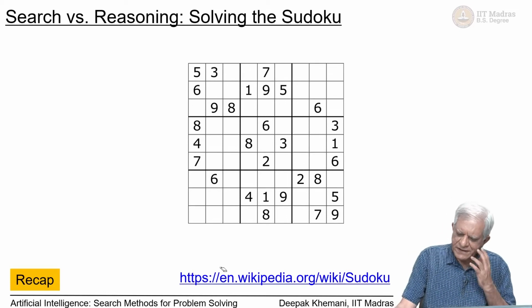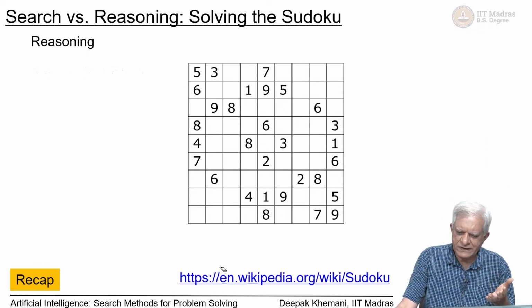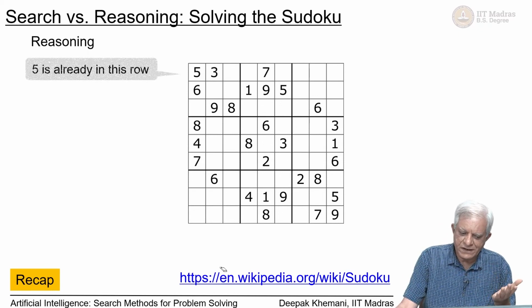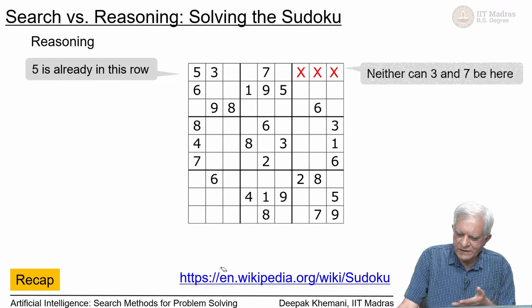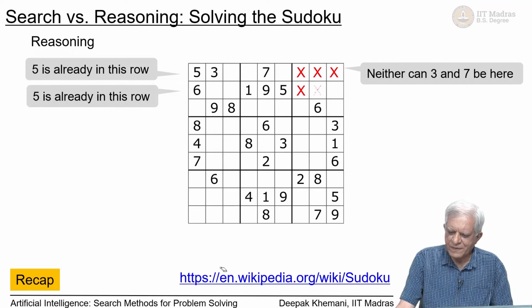So, this is just a recap of what we had discussed in the beginning sometime, that the problem of Sudoku allows you to do reasoning as well as search. So, what is the kind of reasoning you can do? You can say that 5 is already in row 1, so it cannot be anywhere else in row 1 essentially. So, you could have actually put crosses elsewhere also.